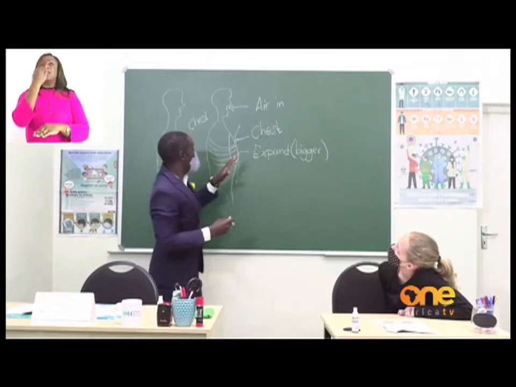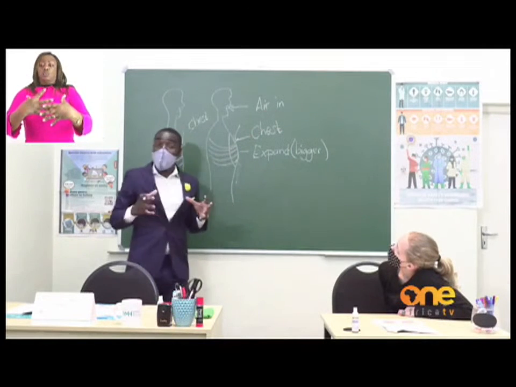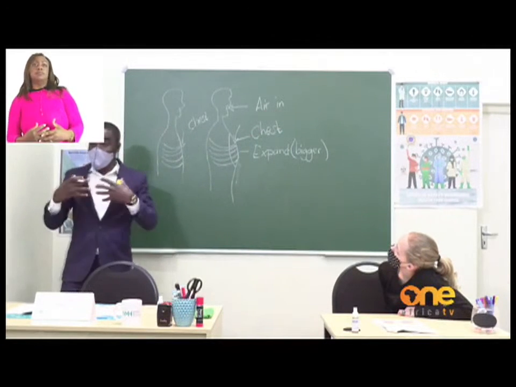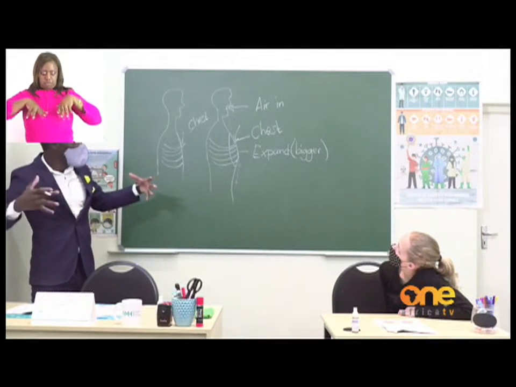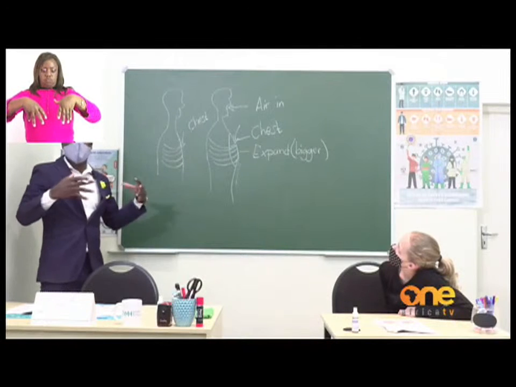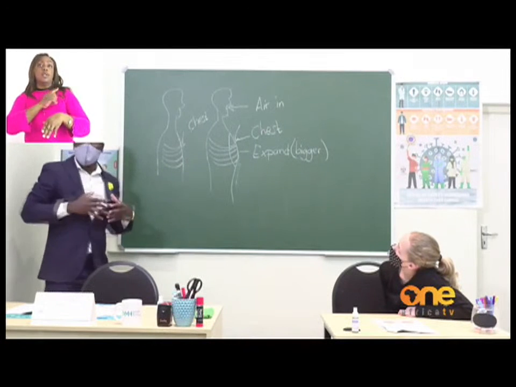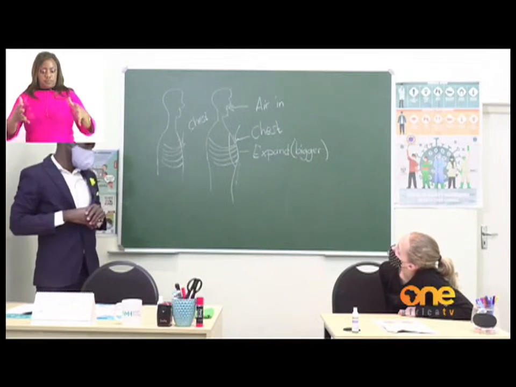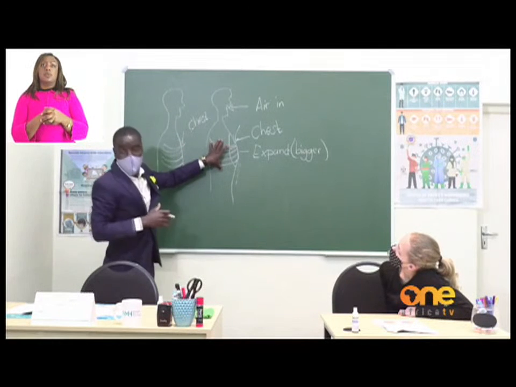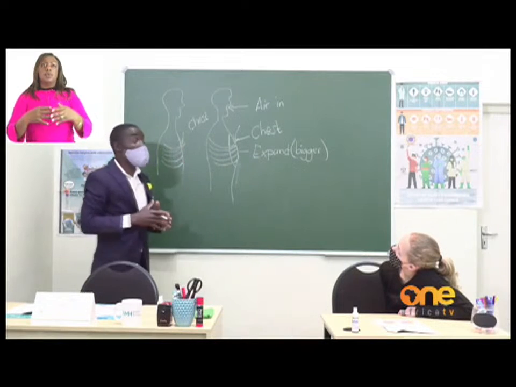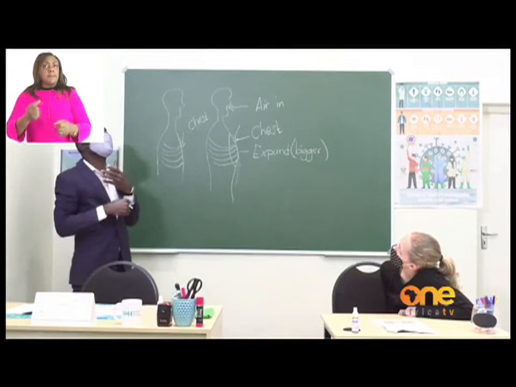So this is the reason why our chest, where the lungs are that are important for the breathing system, has to expand, making sure that there is enough space for the air that you are breathing in. If the expansion of the chest doesn't happen, it's going to be difficult for you to have that air that you are taking into your body.